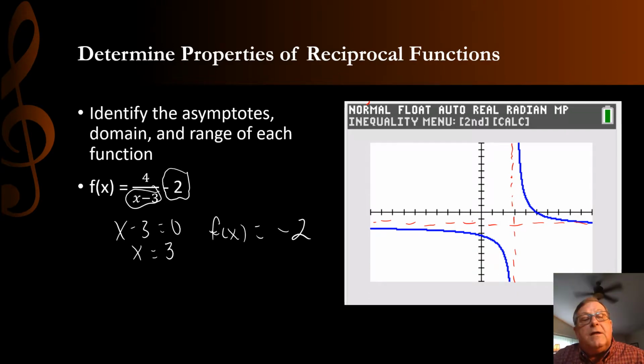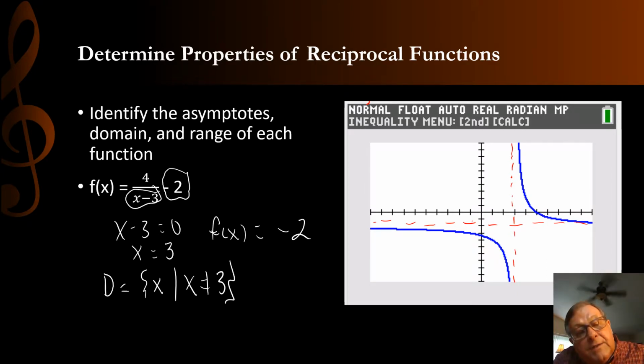Now, as far as identifying the domain, the values of x can be anything but 3. And so we could say that the domain is all values of x such that x does not equal 3. Any number but 3 is part of our domain.